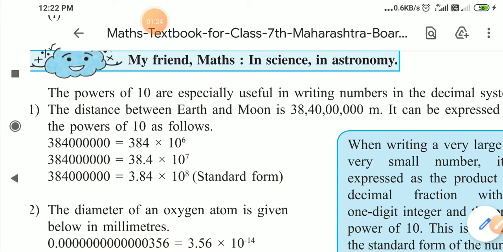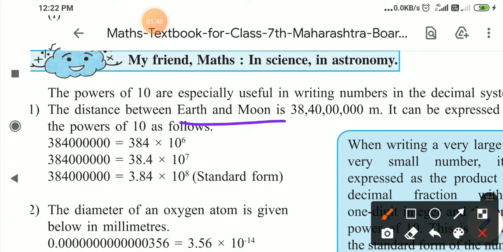So in the decimal system, take the distance between the earth and the moon. The distance between the earth and the moon is 38 crore 40 lakh meters.